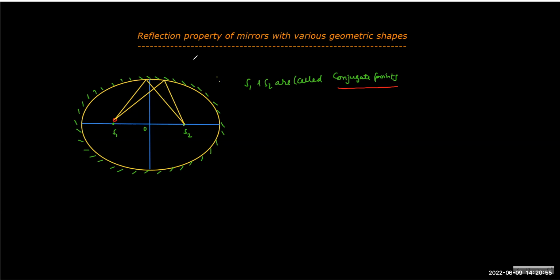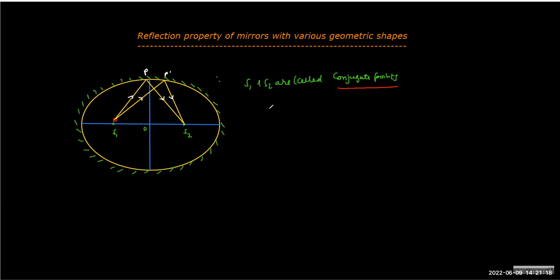Even the way an ellipse is constructed, that is obvious because it is a minimum distance phenomenon, right? So it's the sum of the distances S1 to P, and P to S2. Both are the same distance, right? Yes.